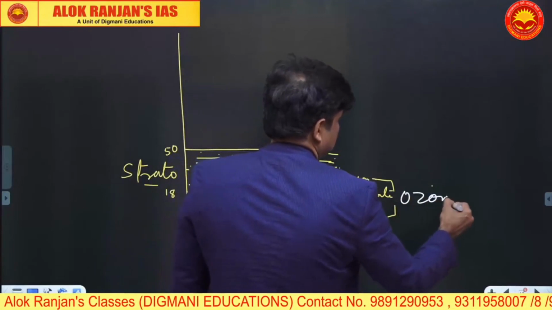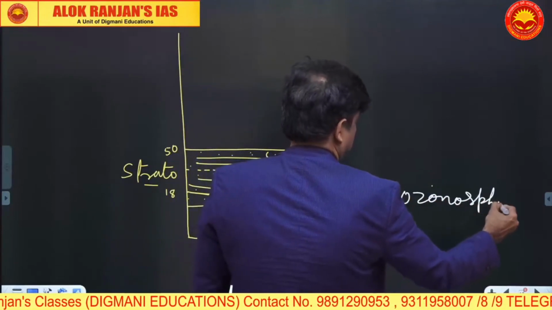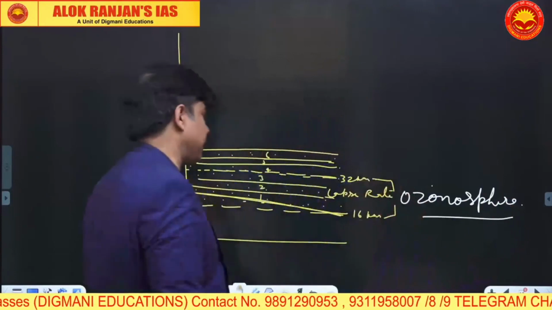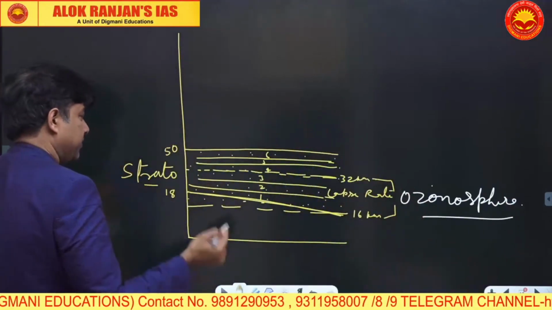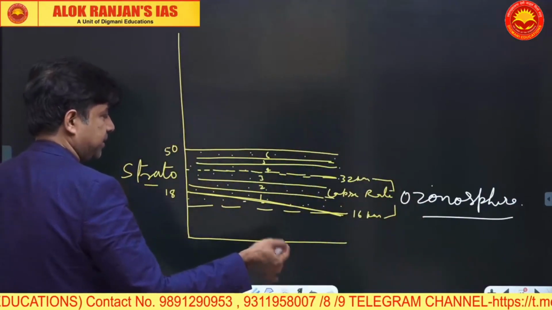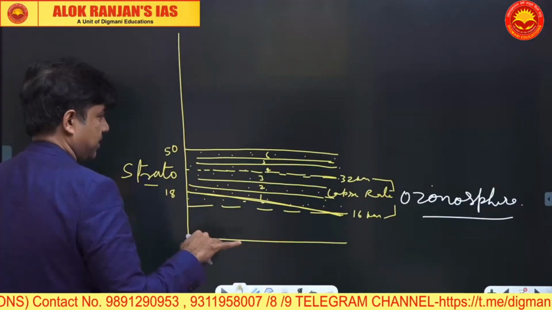Thus, it is called the ozonosphere. So what is the ozonosphere? It is a layer within the stratosphere. It is not synonymous with the stratosphere.